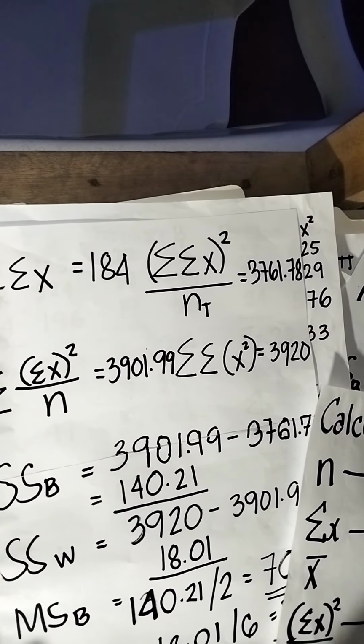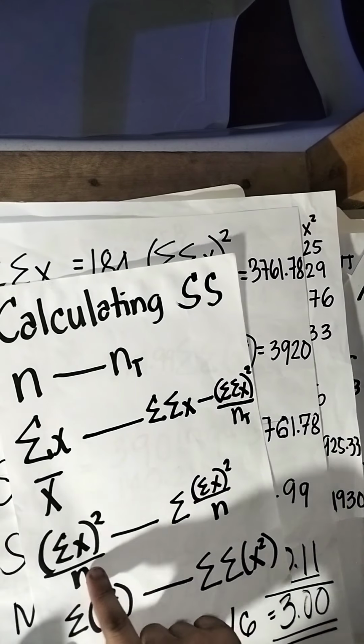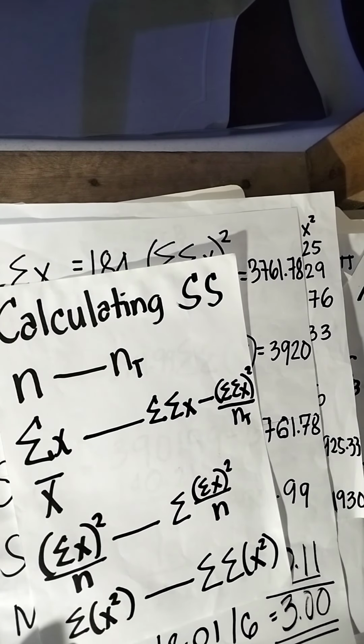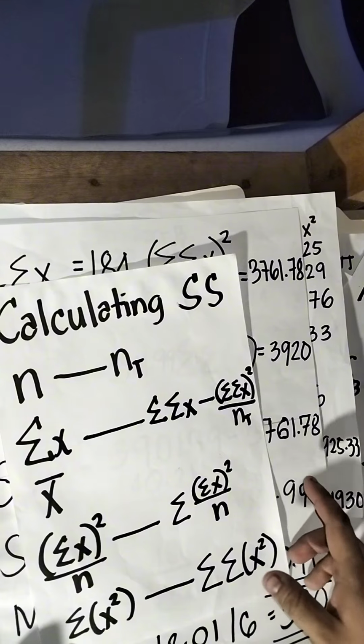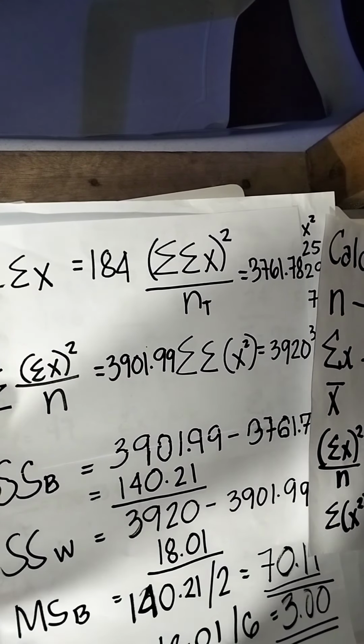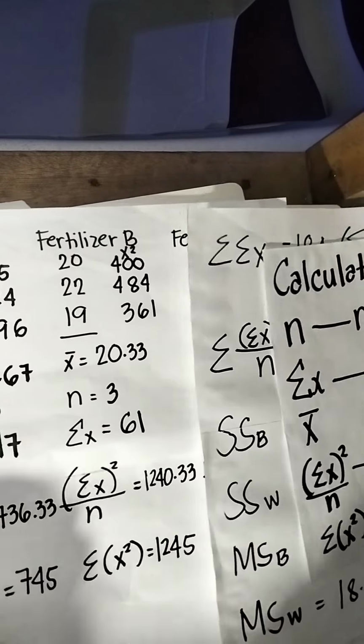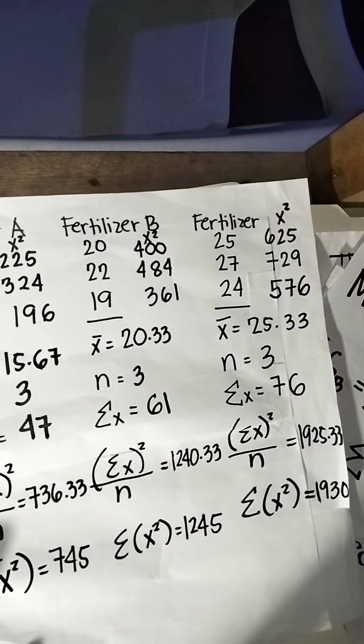Okay, now we will get the summation based on our guide. We will be getting the summation of x raised to the power of 2 over n. So what is the summation of x raised to the power of 2 over n in every data? Do we have that in our data? Yes, it's there.